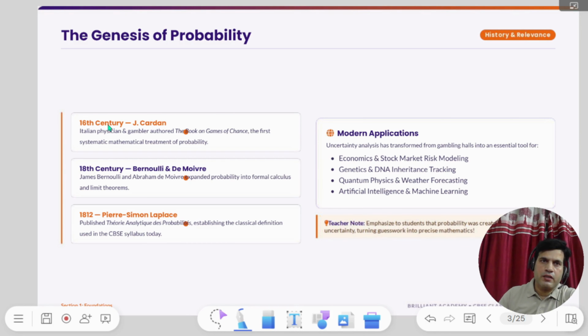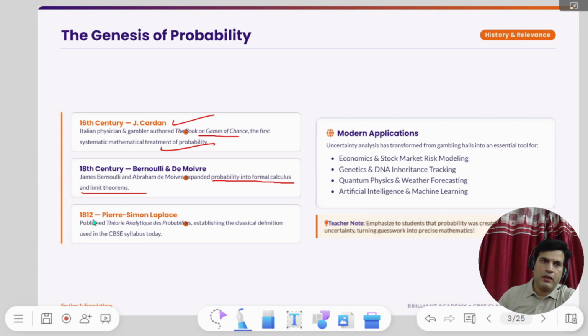What is the history of probability? In the 16th century, G. Cardano, an Italian physician and gambler, authored the Book on Games of Chance, the first systematic mathematical treatment of probability. In the 18th century, Bernoulli, James Bernoulli and Abraham de Moivre expanded probability into formal calculation and limit theorems.